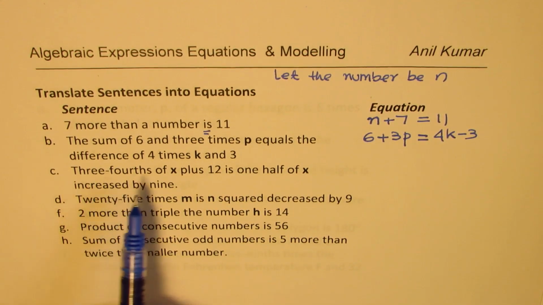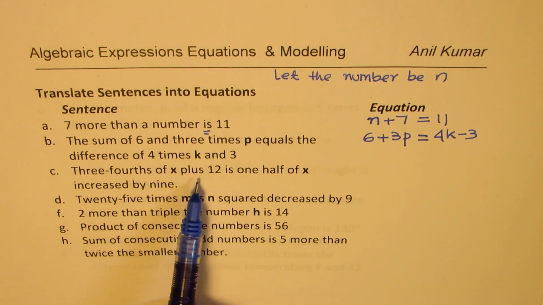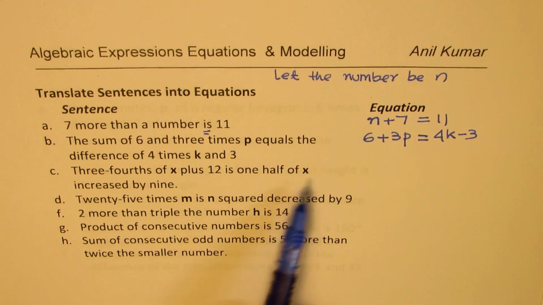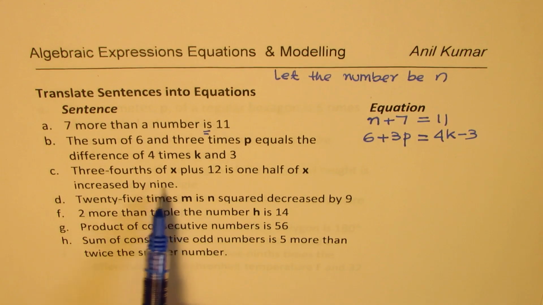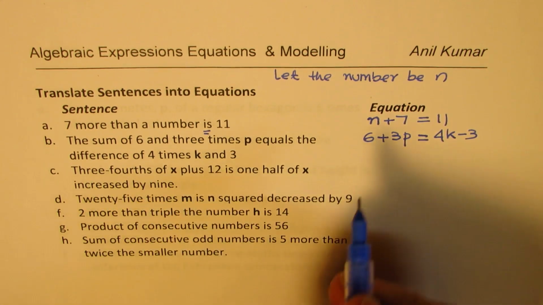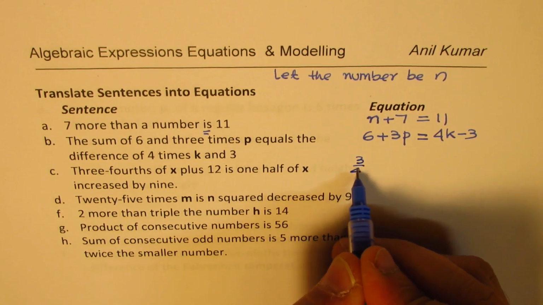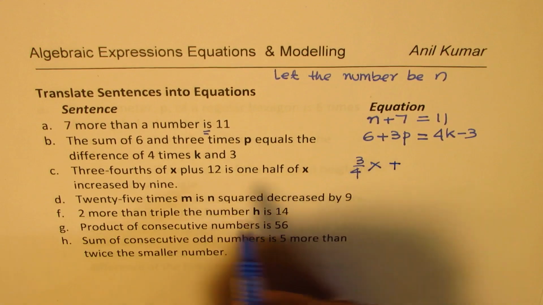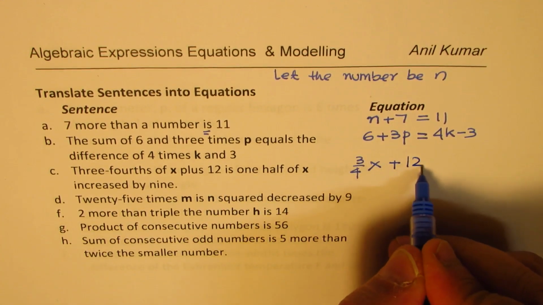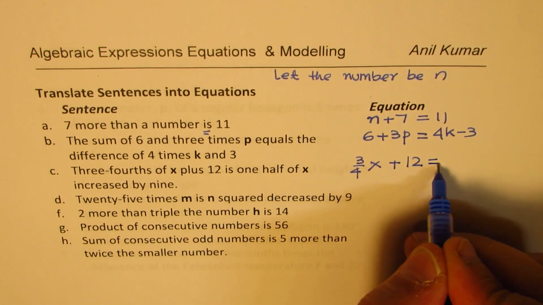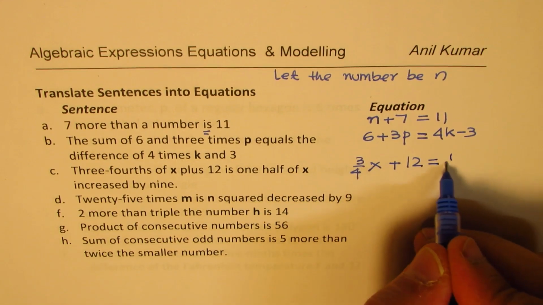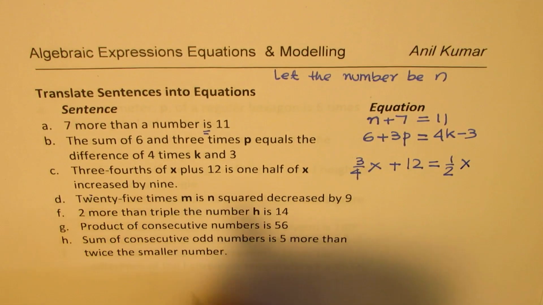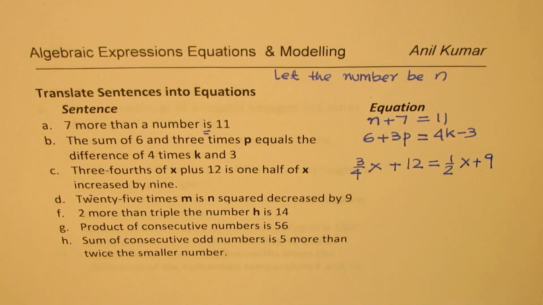Then 3/4 of x plus 12 is 1/2 of x increased by 9. So 3/4 of x means 3 out of 4. 3/4 of x plus means plus 12. 12 is means equal to 1/2 means half of x increased by 9, plus 9.